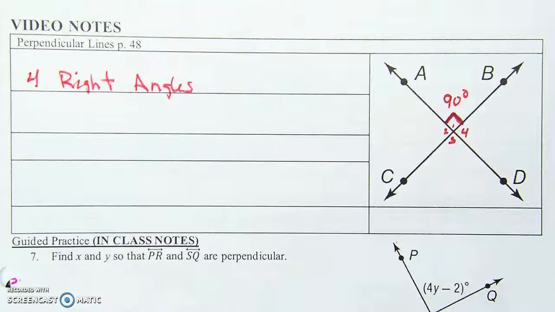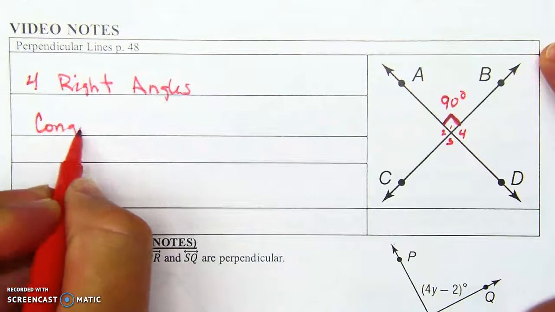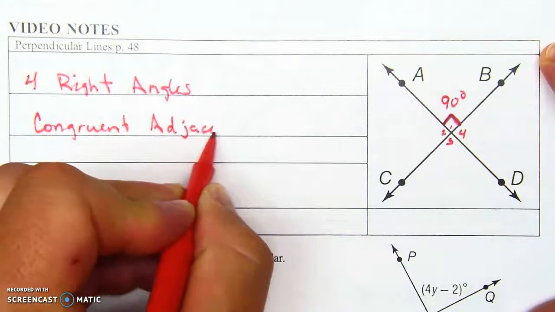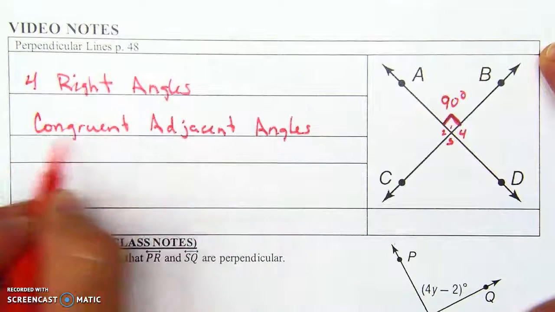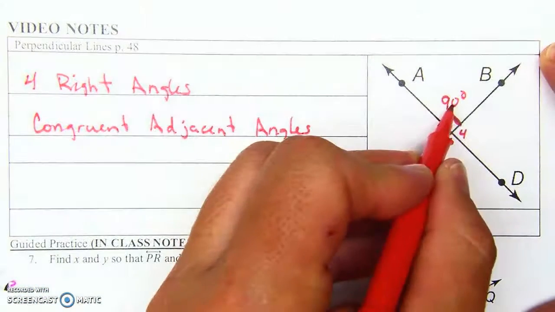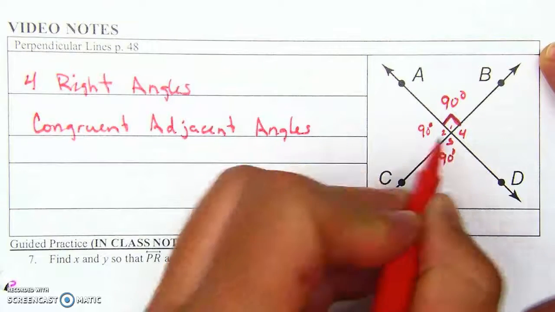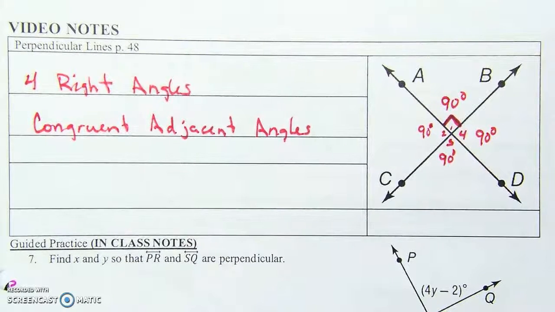Perpendicular lines intersect to form congruent adjacent angles. Remember what congruent means? That they're equal to each other. So if this one's 90, this is 90. This one is also 90, and that one's also 90. That's what it says.